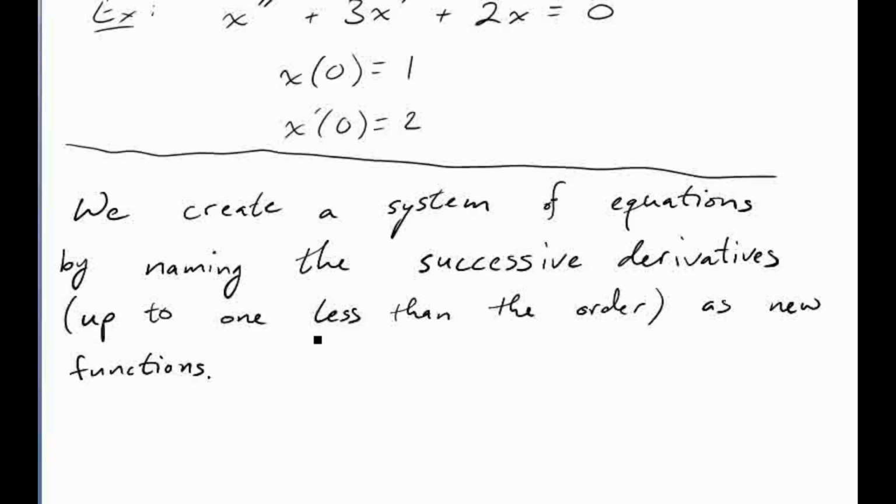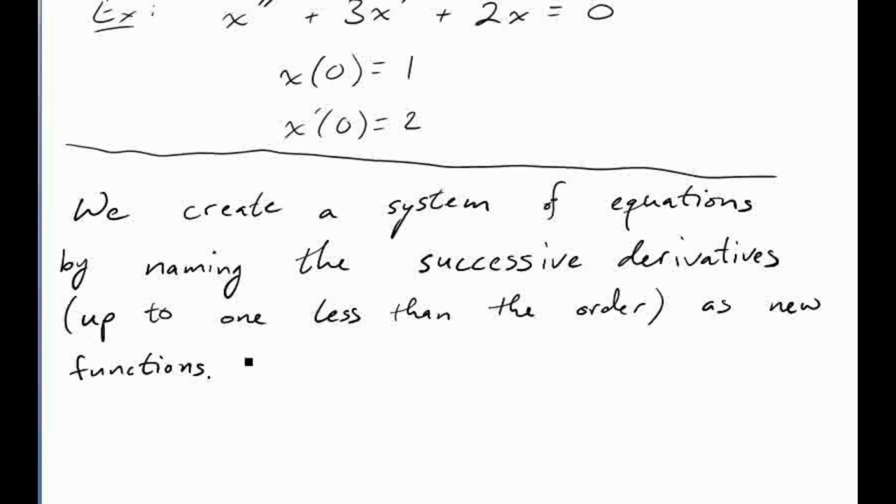So in particular here, we can just name the new functions. We can call them x1, x2, x3, for example. We can give them some other new names, like a(t), b(t), c(t).